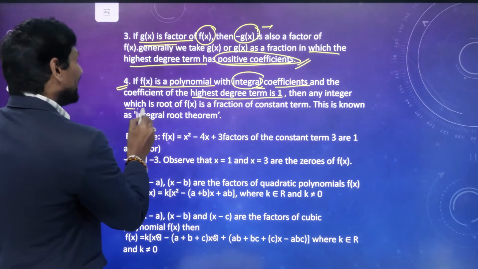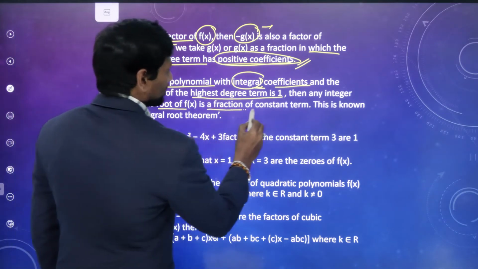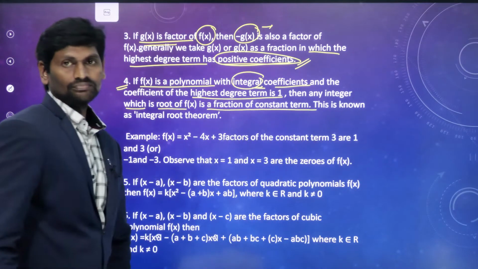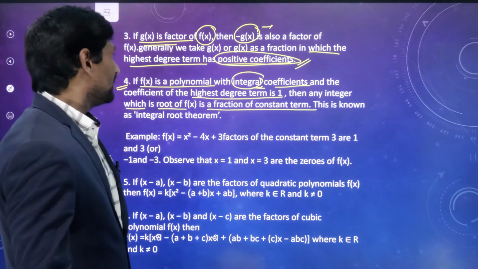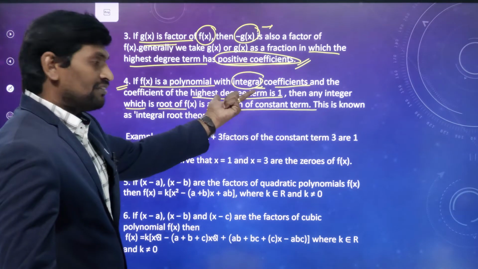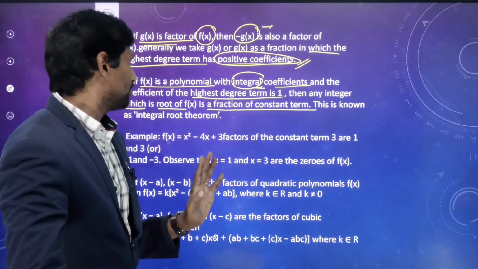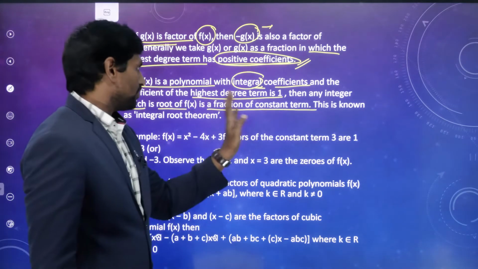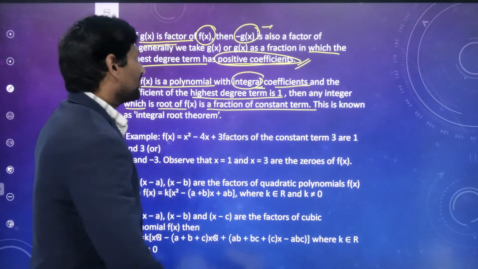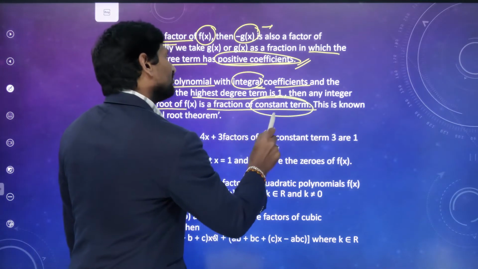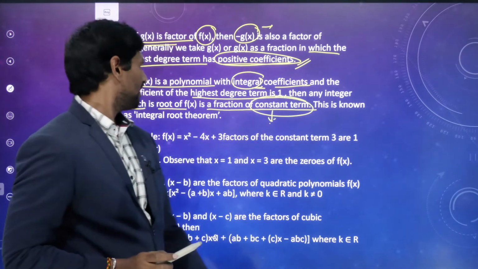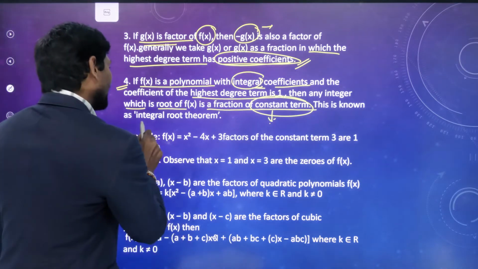Then any integer root is a factor of the constant term. That means for a polynomial with integral coefficients, all must be integers, whether positive or negative, and the highest degree term coefficient must be 1. Then the root will be a factor of the constant term. This is known as the integral root theorem.